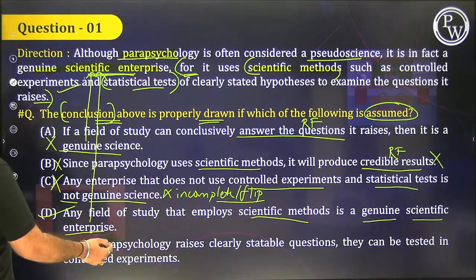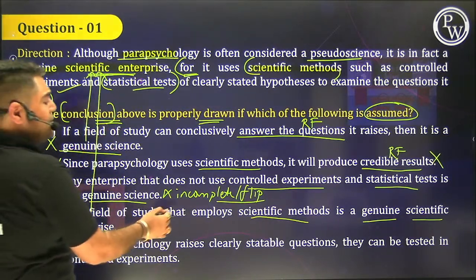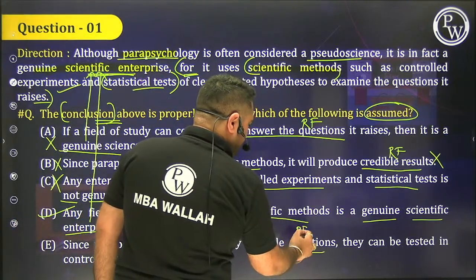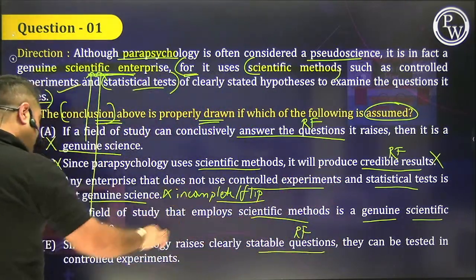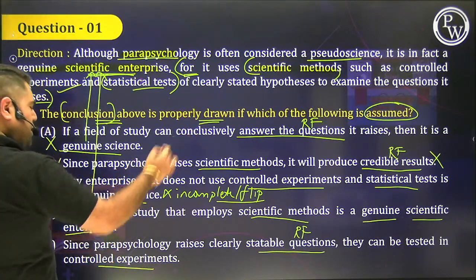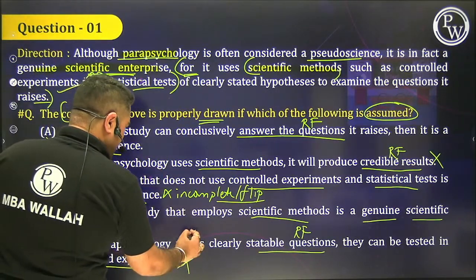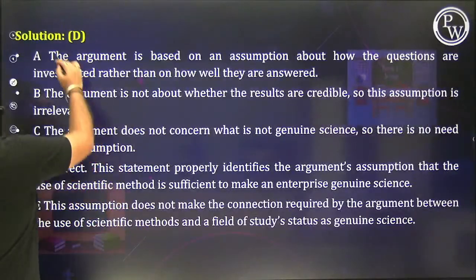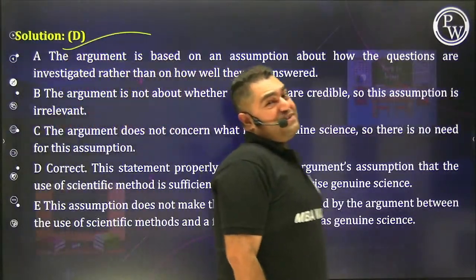Option E: since parapsychology raises clearly stateable questions, people, where is this coming from? Red flag. They can be tested in controlled experiments. Controlled experiments is given, but nothing about this, out of context. This option is rejected. The correct answer was option D. I hope this is making sense.